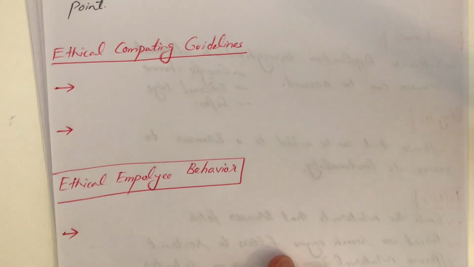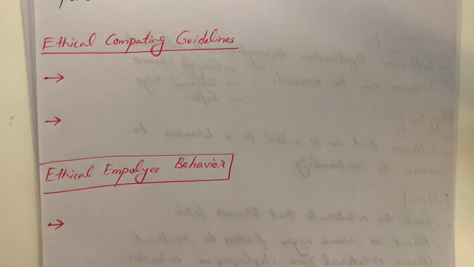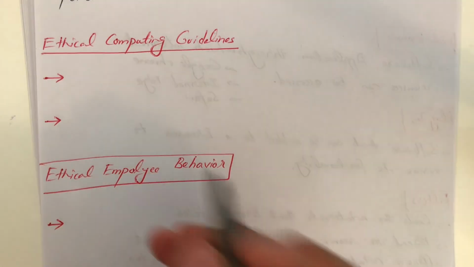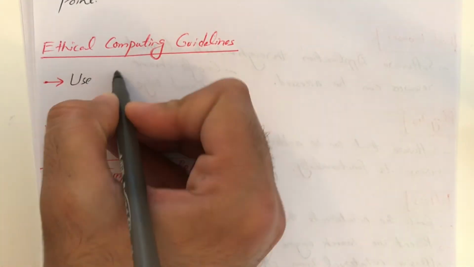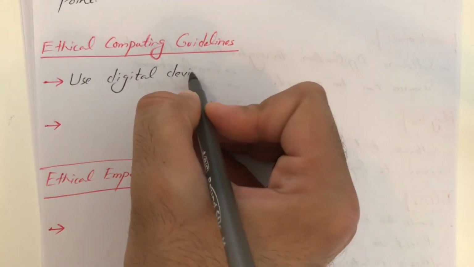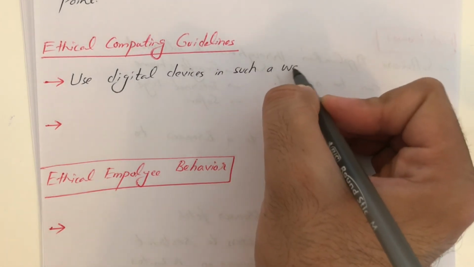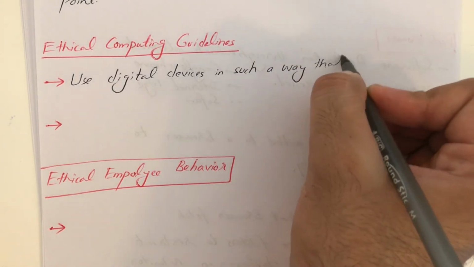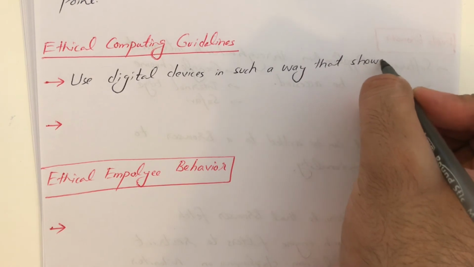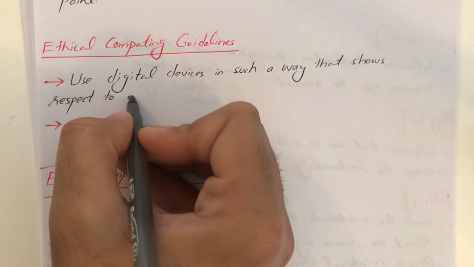So now, what are the ethical computing guidelines? For example, when you use computer, what are the things that you need to take care of? Firstly, use digital devices in such a way that shows respect to others.